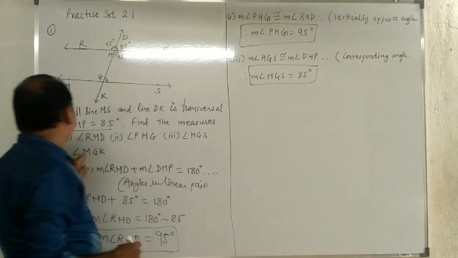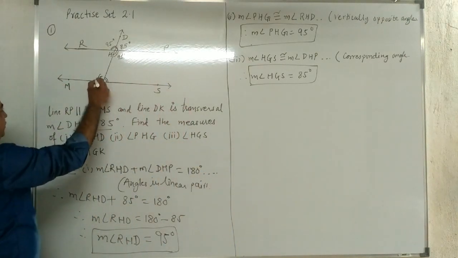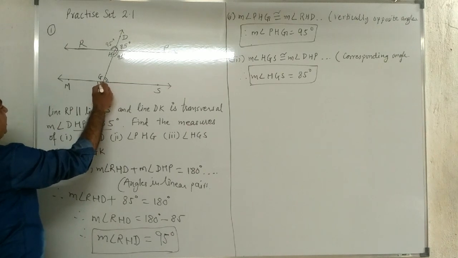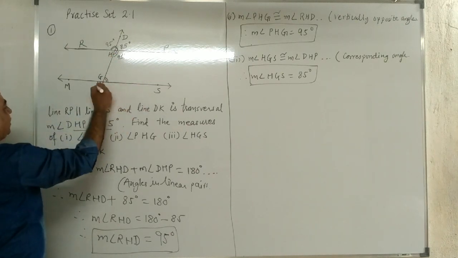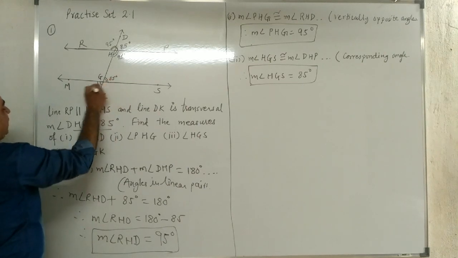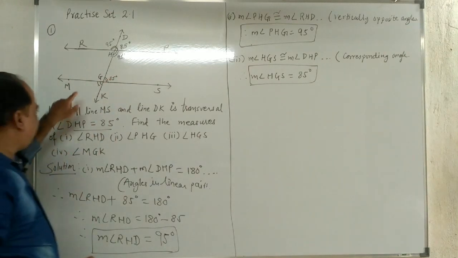Now the last, the fourth one, measure angle MGK. Measure angle MGK and measure angle HGS are congruent, being vertically opposite angles.